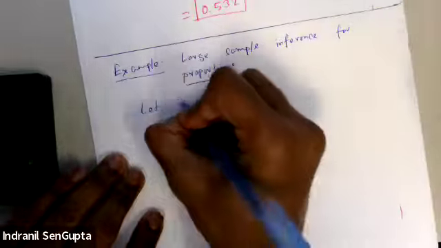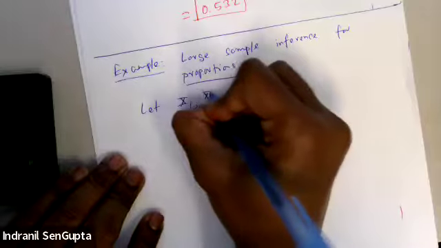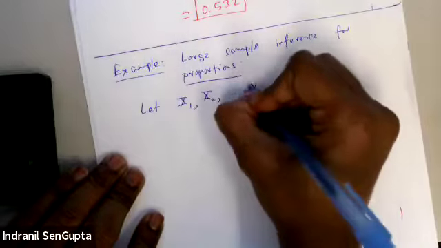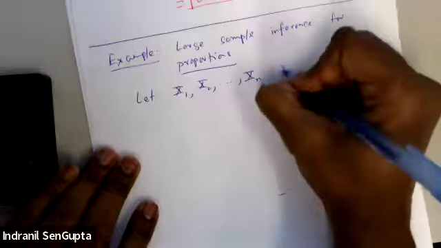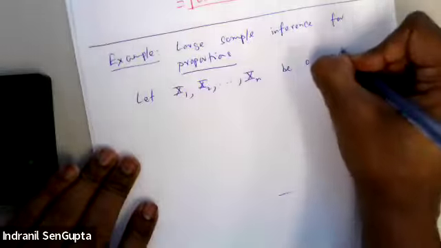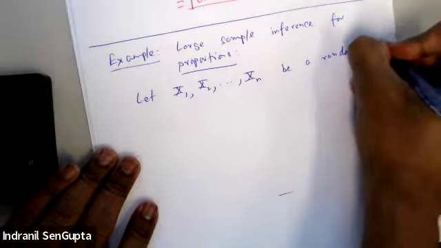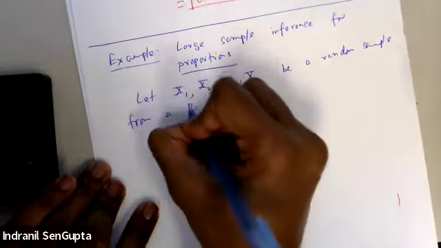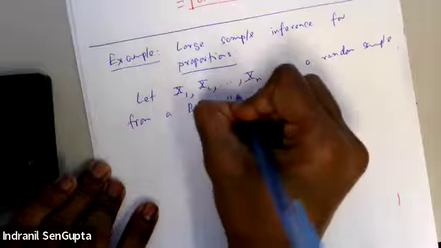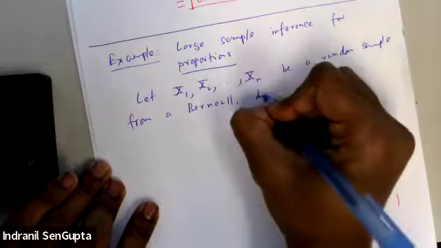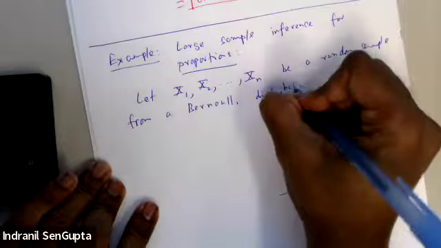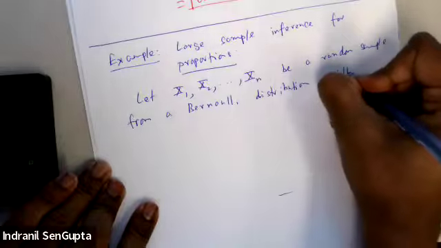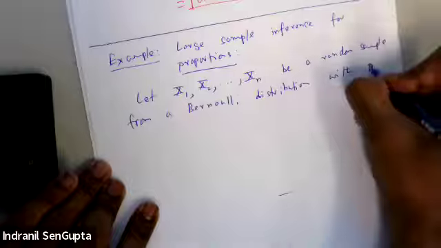Let X1, X2, ..., Xn be a random sample from a Bernoulli distribution with parameter p.